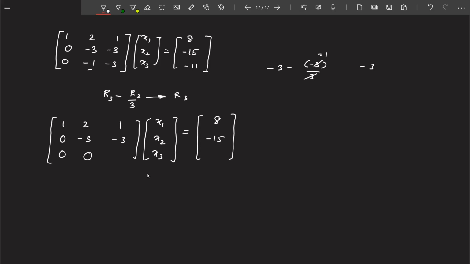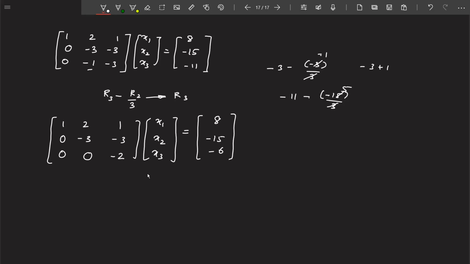So minus 3 plus 1 becomes minus 2. R3 for this element is going to be minus 11, minus R2 is going to be minus 15. 3 5s are 15, so again this minus becomes plus. Minus 11 plus 5 comes out to be minus 6.